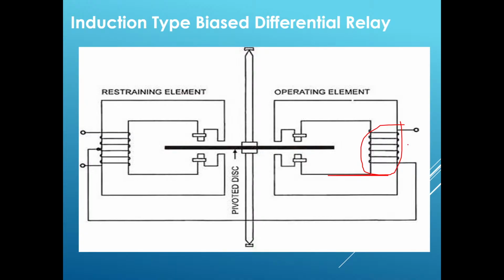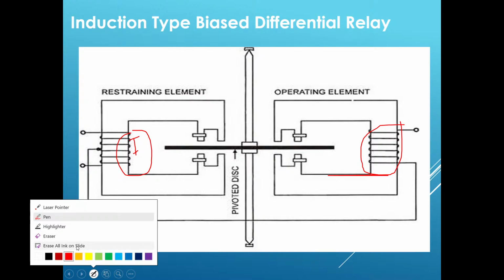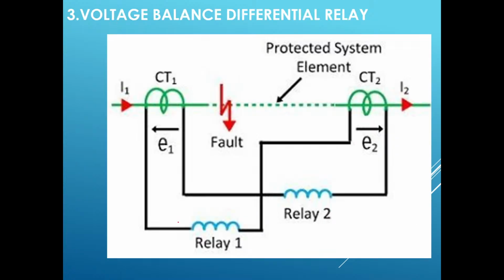The fault current will cause the differential current to flow through this operating coil, and the average current flows through the restraining coil. The differential current will definitely be greater than the restraining coil current, and that will cause the disk to rotate. So this is the operation of the induction type percentage bias differential relay.